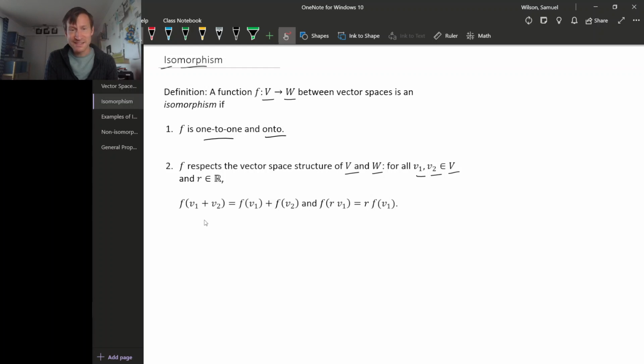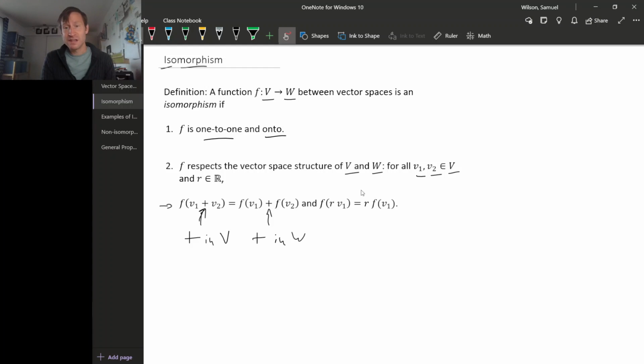So this is saying that this addition on the left is the sum in V, and on the right-hand side, this addition is the sum in W. So what we're really saying here is that this function turns the addition in V into the addition in W.